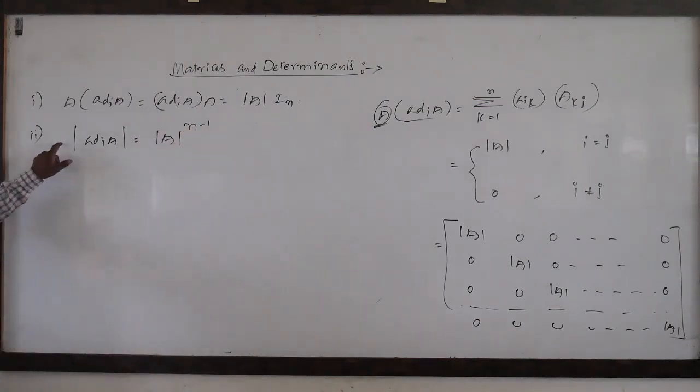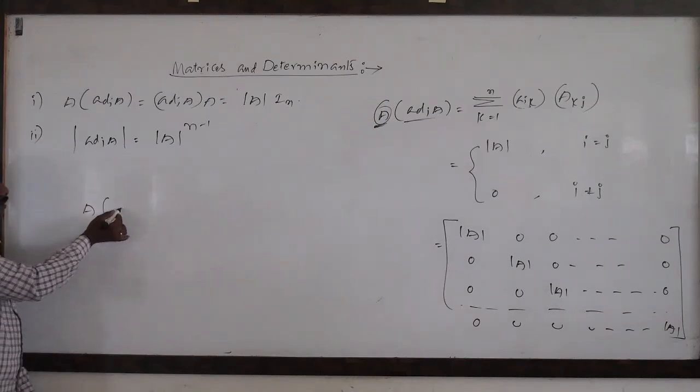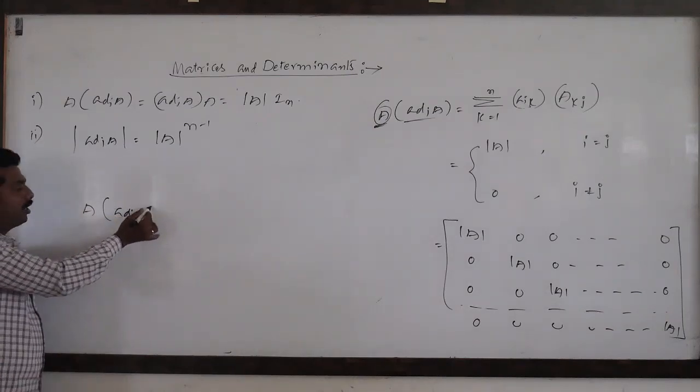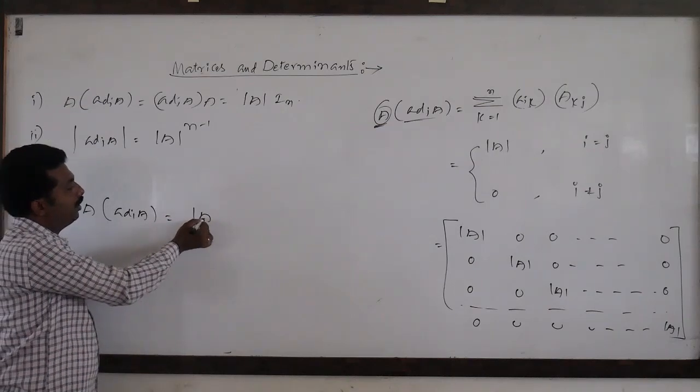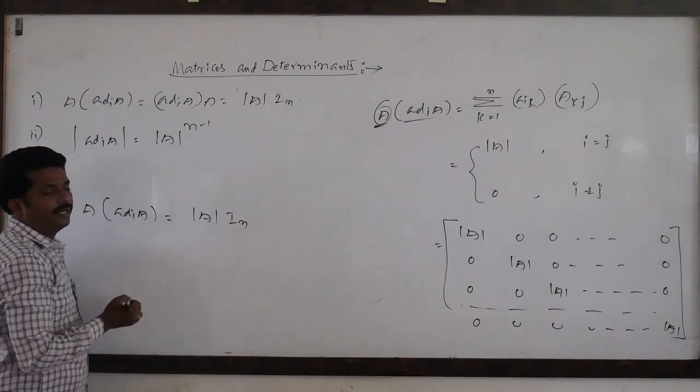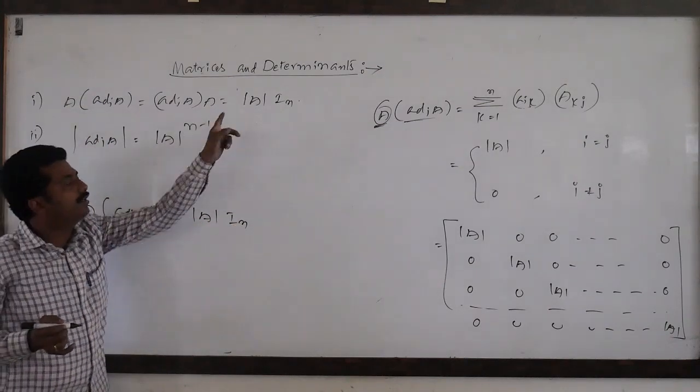We have to prove it. What we have taken is A into adjoint of A equal to determinant of A into I_n.